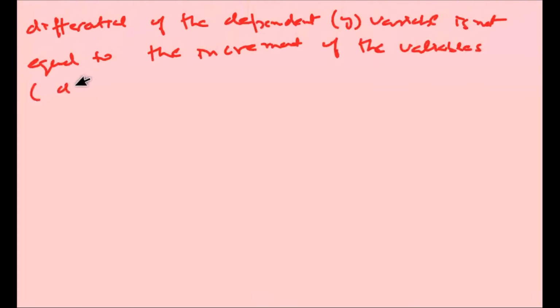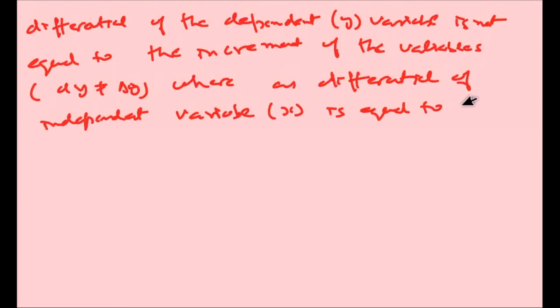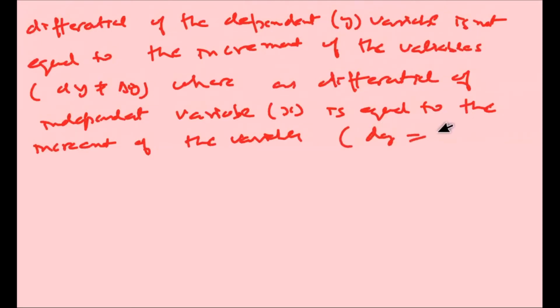Means we can say dy is not equal to delta y, whereas the differential of the independent variable, meaning x, is equal to the increment of the variable, meaning dx is equal to delta x.